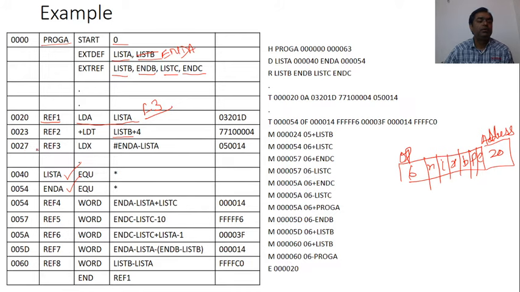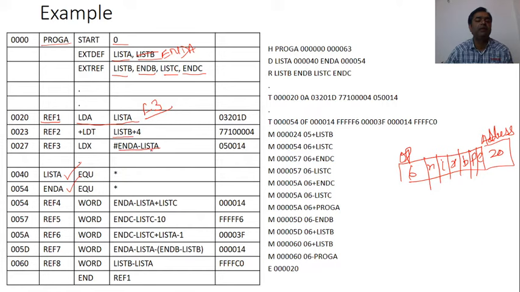At address 0027, the instruction is reference 3: LDX with end A minus list A. Just calculate the value of this expression, end A minus list A. As we know, end A and list A are defined in this control section, so we will get the value.